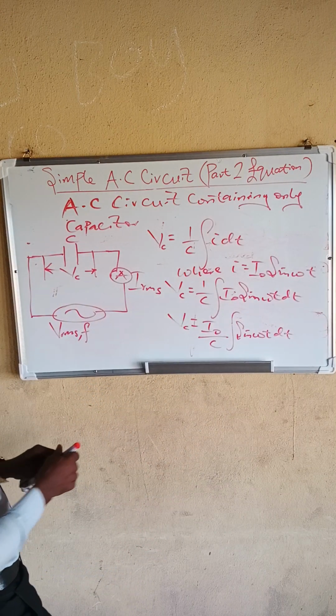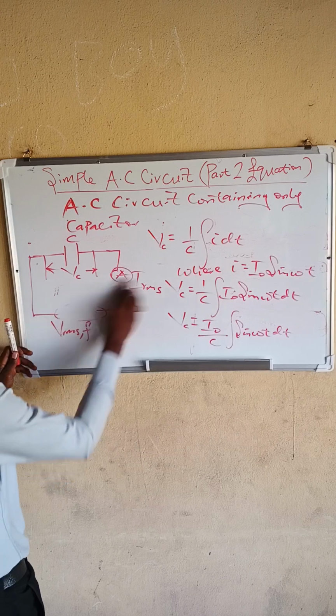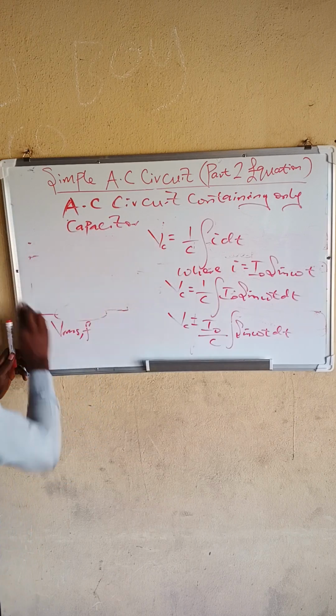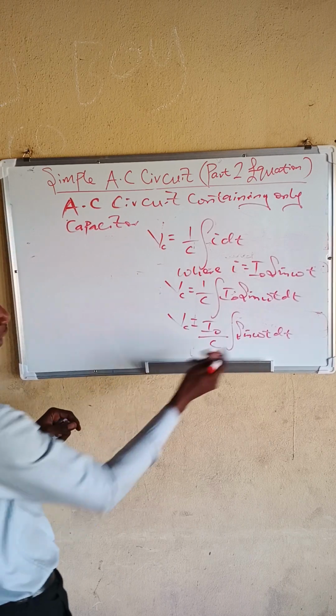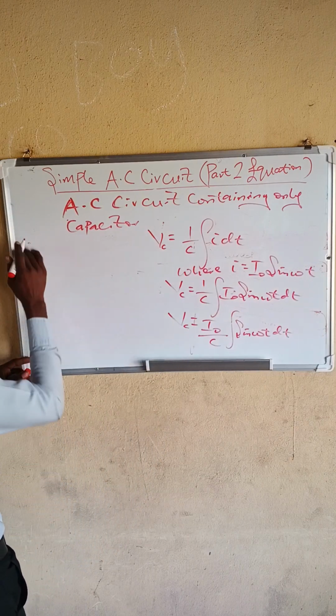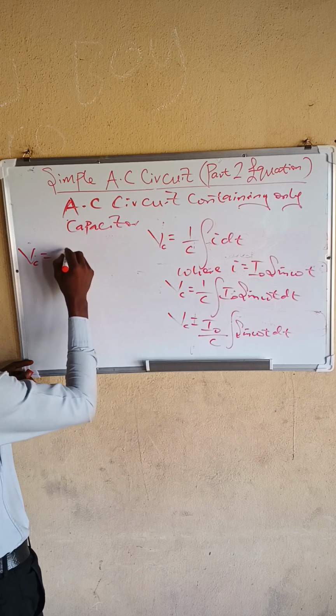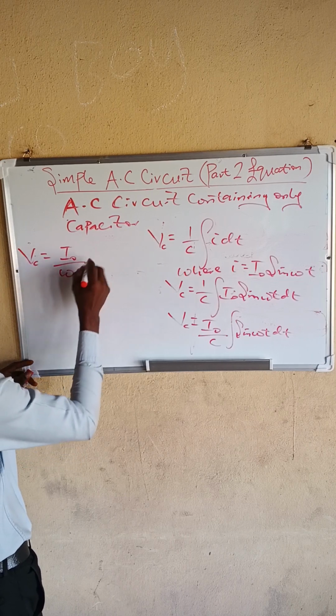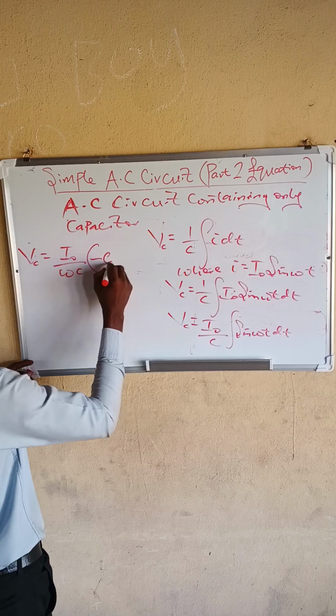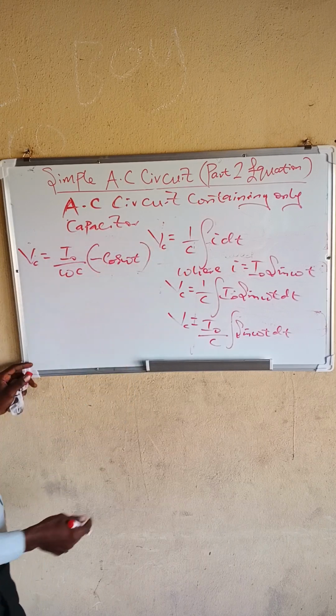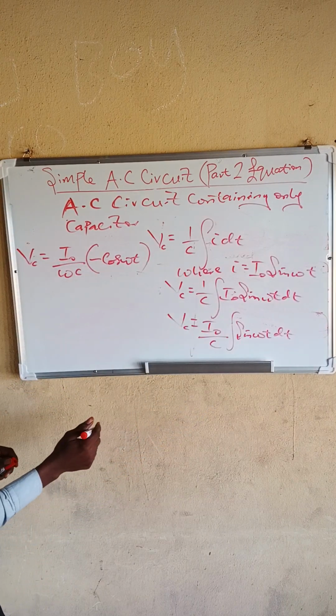Then when I integrate this, I have Vc equal to I naught over omega C into negative cos omega t. Integration of this is this.